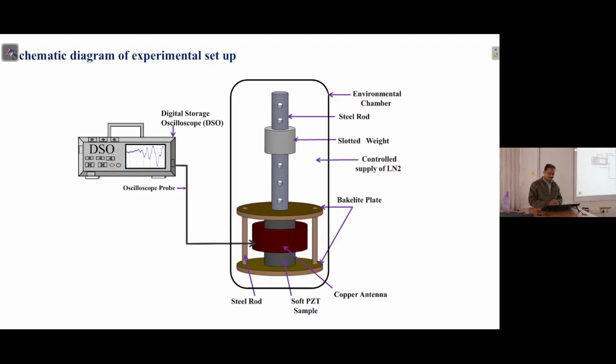Here we used liquid nitrogen for cooling, and of course with liquid nitrogen you have a limit. We could only cool down to minus 70 degrees centigrade. Below that we could not cool it. So these results are up to that extent.